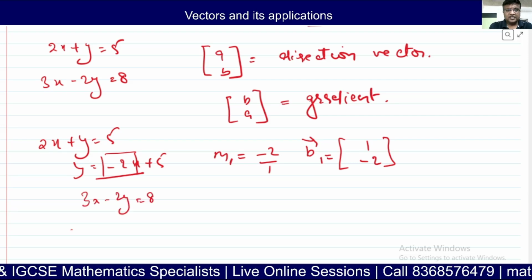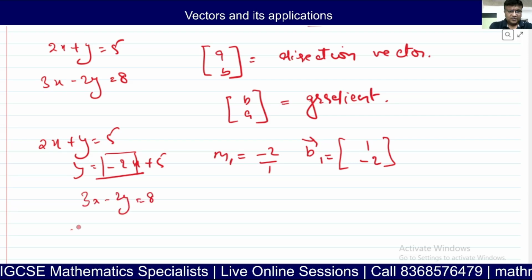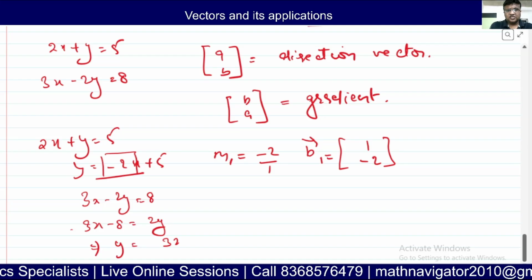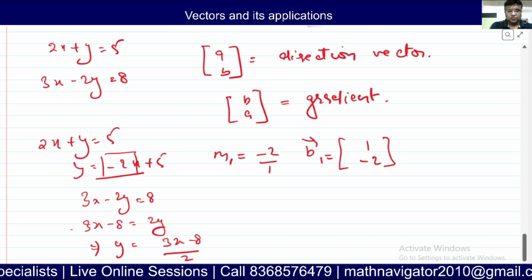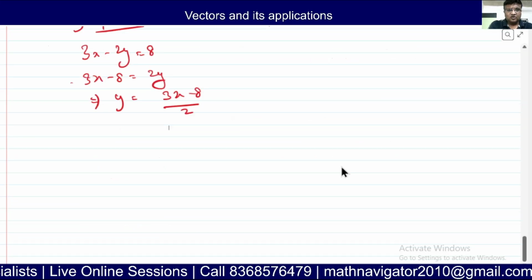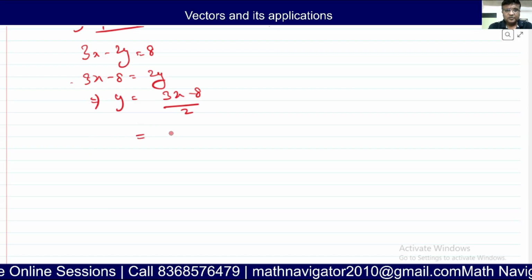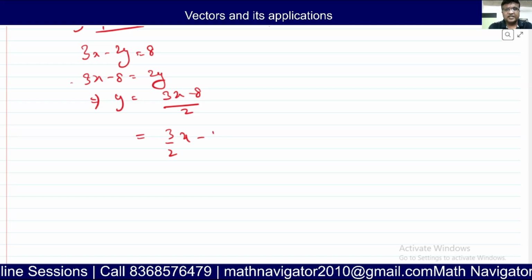So I can write 3x minus 8 is equal to 2y. So I can write y is equal to (3x minus 8) by 2. Got it? So basically this is 3 over 2 x minus 4.